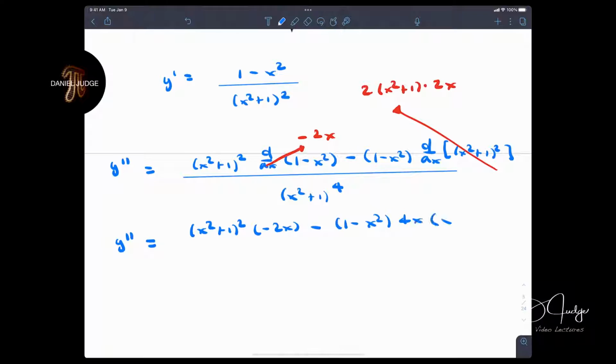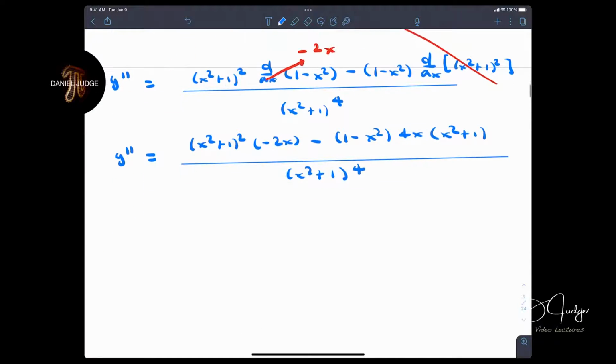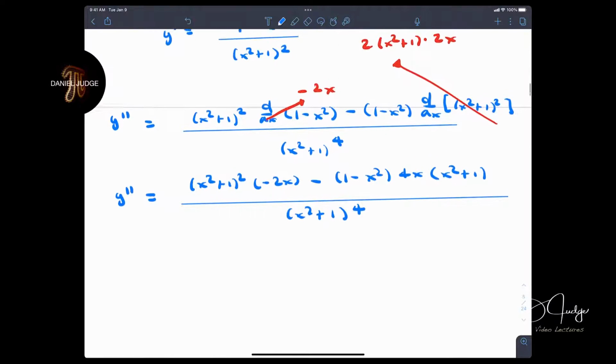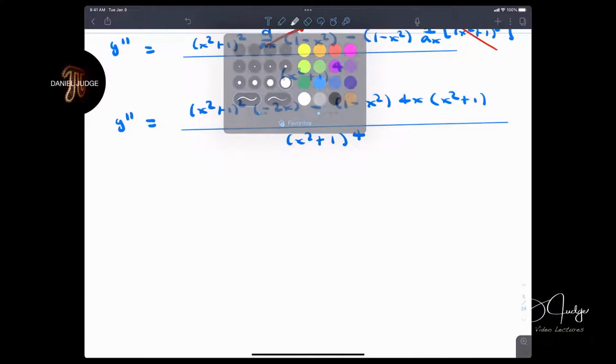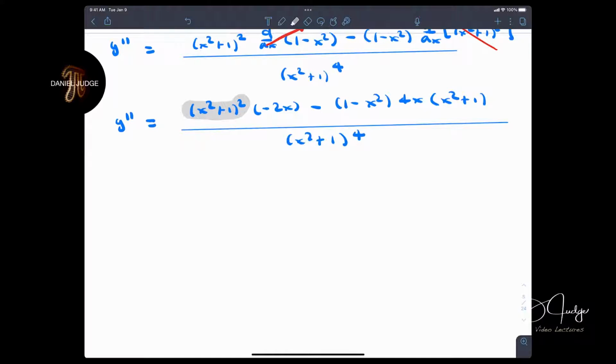Now I'll simplify that. What I think I'm going to try to do in this numerator, I see a common term: x squared plus 1 squared and x squared plus 1.